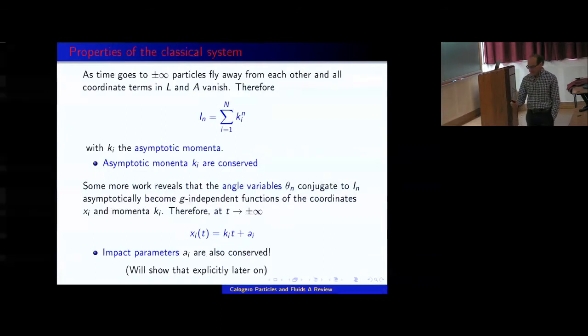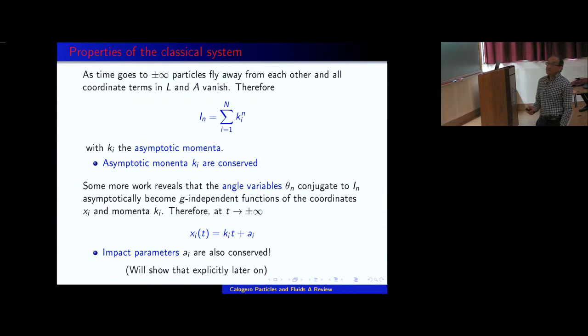So that is interesting because it tells us already quite a bit about the properties of the classical system. We consider again particles with Calogero dynamics without any external potential, so there can only be scattering states, both classically and quantum mechanically. As time goes to either plus infinity or minus infinity, the particles will eventually fly away from each other, their interactions will fall off to zero, so they will move freely with some asymptotic momenta.